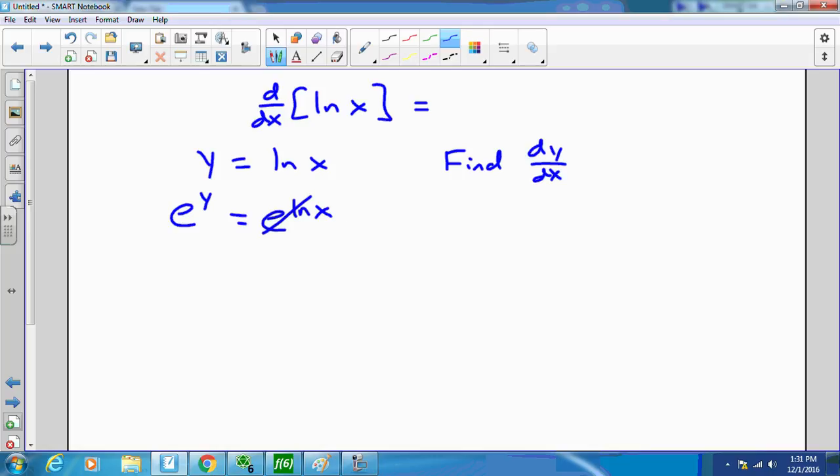I undo the inverse with its inverse, so that e to the y is equal to x. Take the derivative with respect to x.